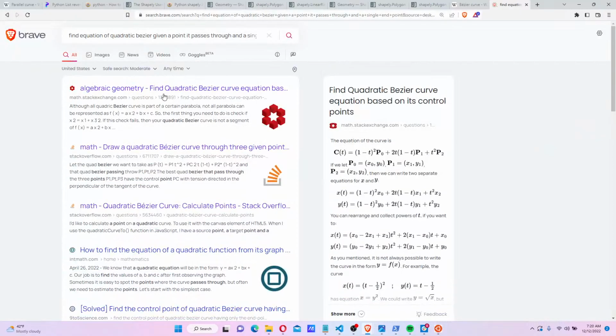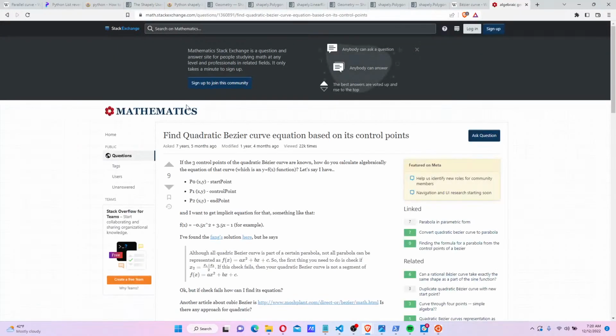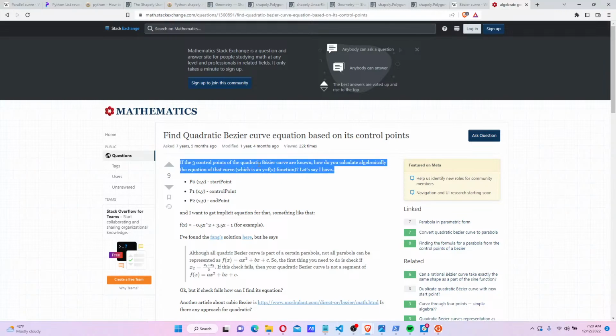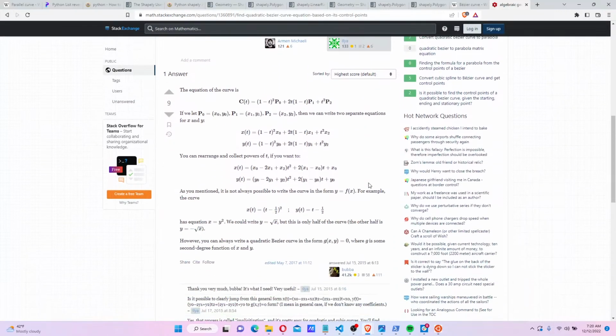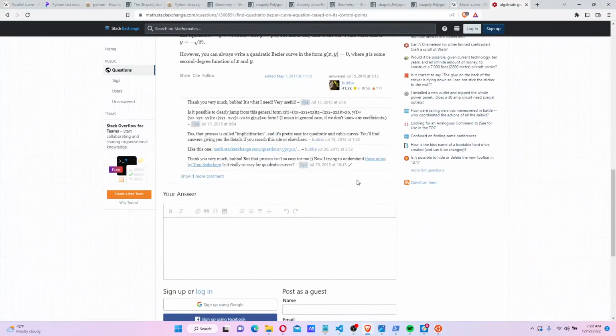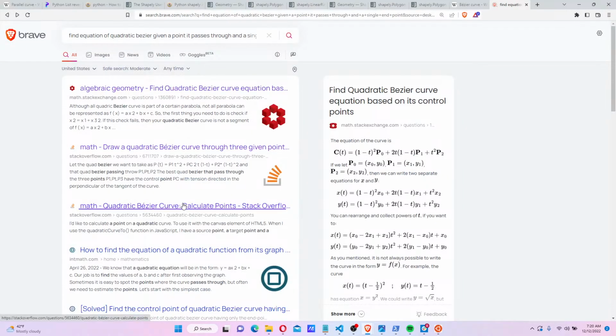Can we do that? Based on its control points.